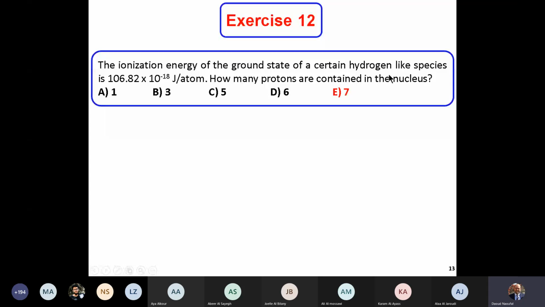Remember that hydrogen-like species are systems containing one electron and several protons. When we say several protons, A is incorrect because in A we have one proton. So the answer should be B, C, D, or E.